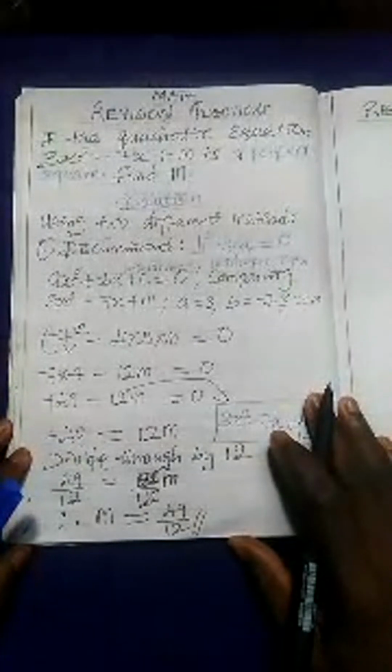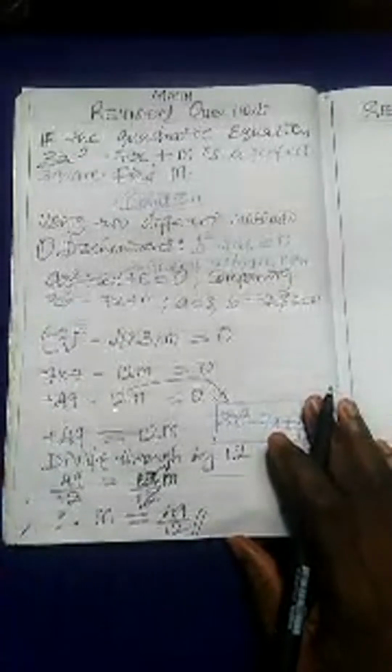Now let's solve via the second method. Oh God, I'm really having issues with the network here. Please, if you can see what we are doing clearly, just say hi in the comment section. We are having a small problem with the network.